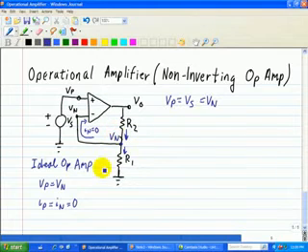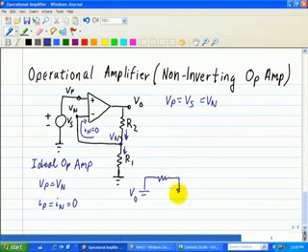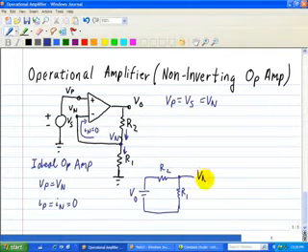That is, we can redraw the output part where we have VO. Connected to VO is R2. At the other end of R2 is R1. But at this point right here is Vn.